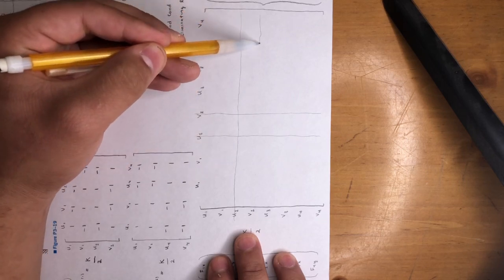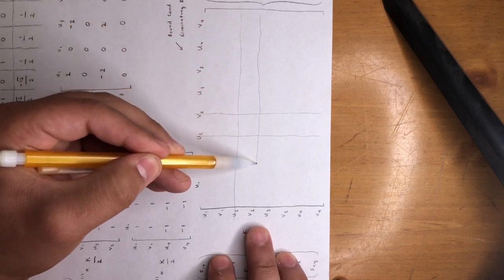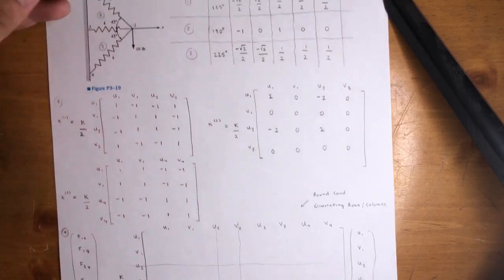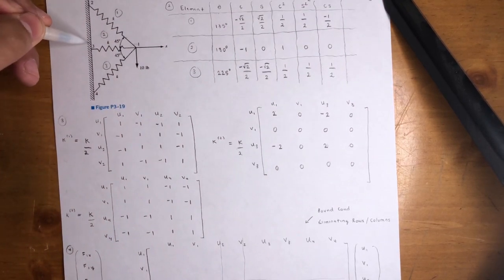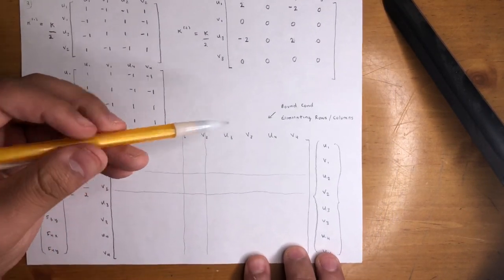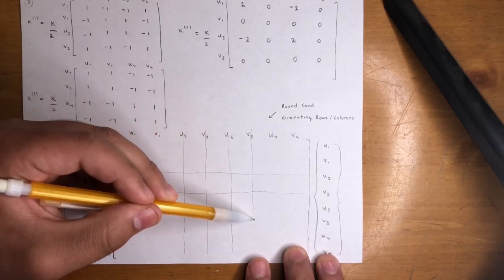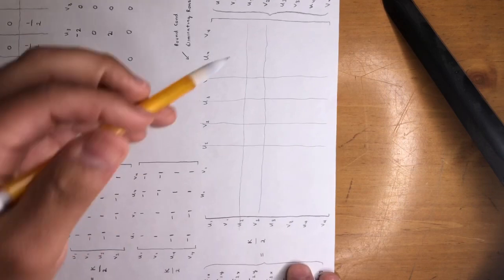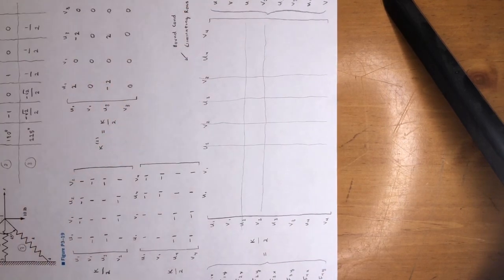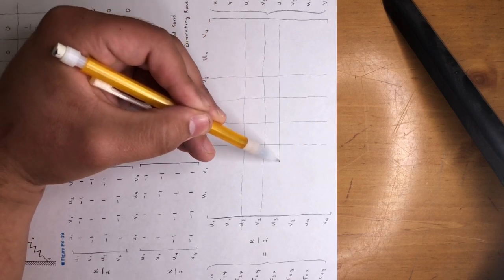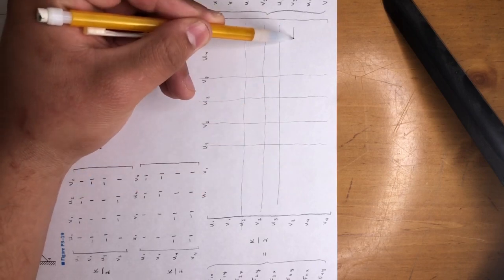And V2 is crossed out. Okay? So that's that one. U3 and V3, same thing. They're fixed. They will never move no matter how much force you apply anywhere. So U3 and V3 are gone.